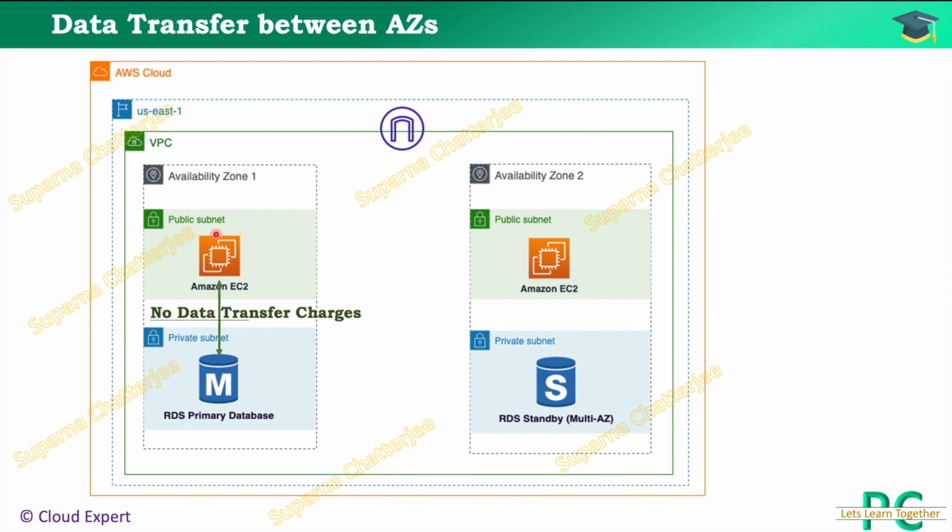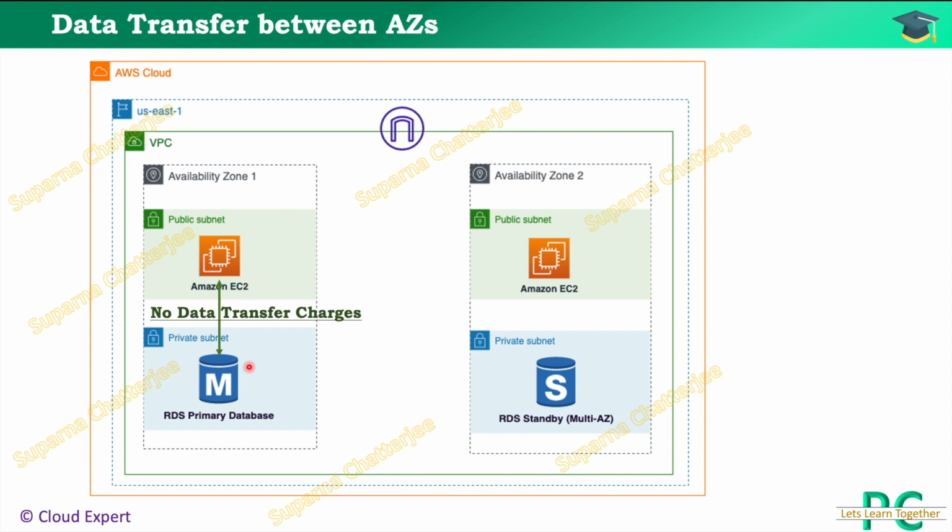First, let's say the EC2 instance is trying to communicate with the RDS primary instance, and if it is in the same availability zone, then you are not paying any data transfer charge. Data transfer within the same availability zone is free, but when you transfer data between availability zones, you will pay for both ingress and egress traffic.